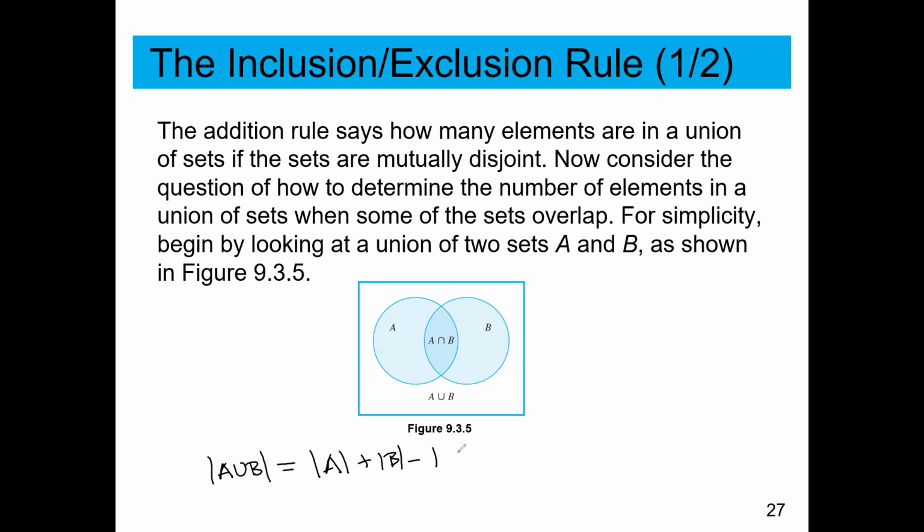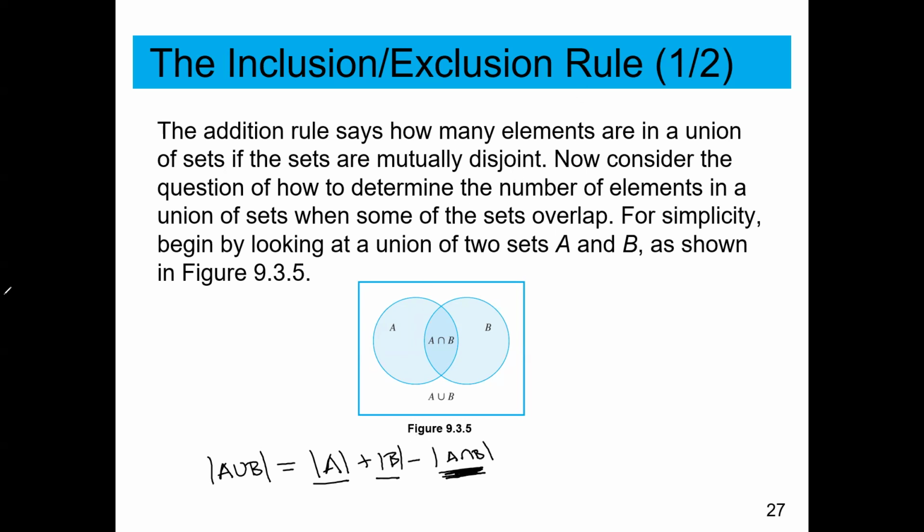So this would be minus A intersect B, because these are the ones that we've actually counted twice. We counted them in A and we counted them in B, so we double counted them, and we have to take that back out. We made a mistake of just counting A plus B, and so we overcounted.